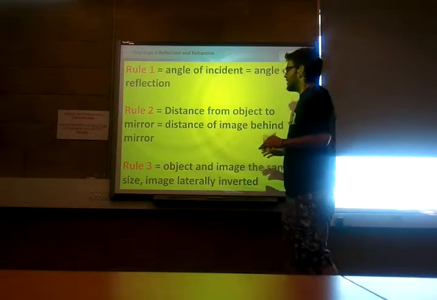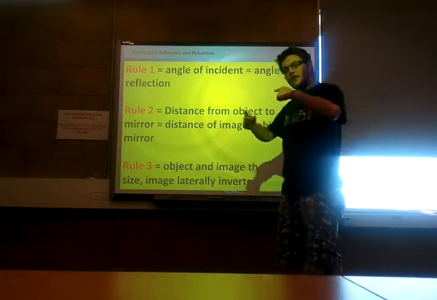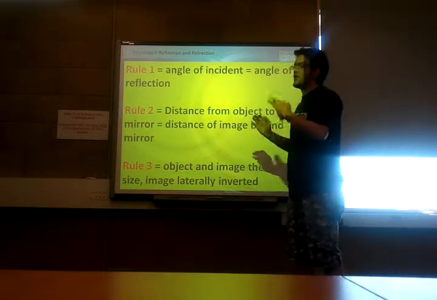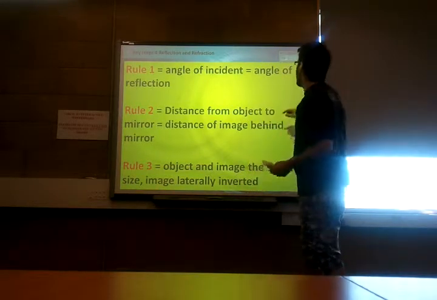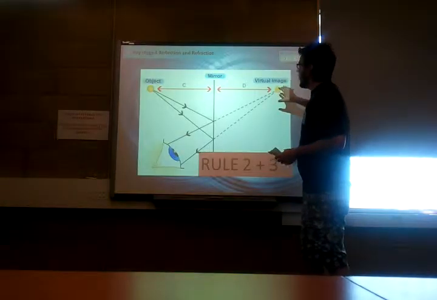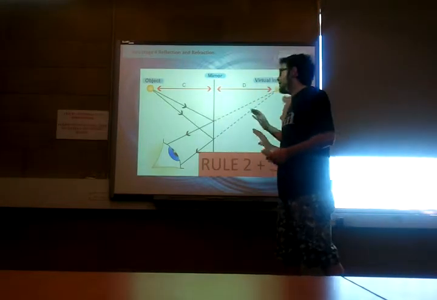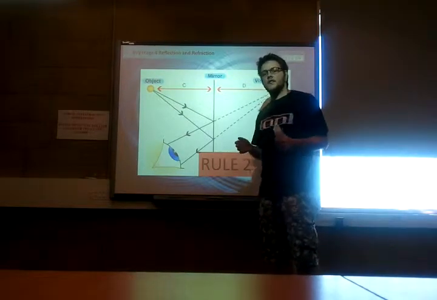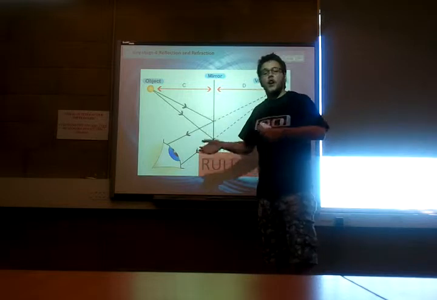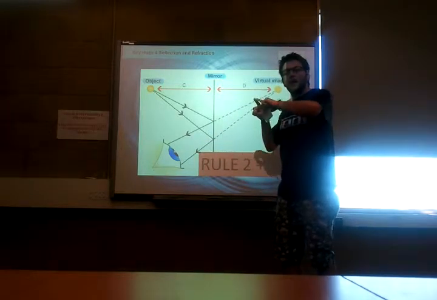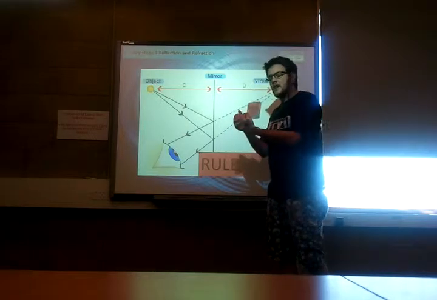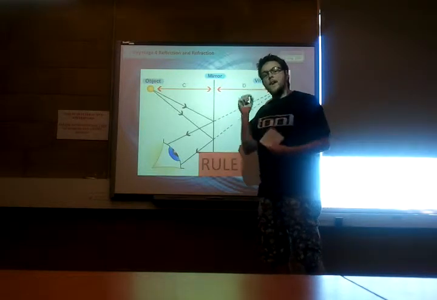The only difference is that the image is laterally inverted, so it's the wrong way round. Sorry, not upside down, it's the wrong way round. So when you look in the mirror, if we had something else that wasn't the sun, you would see that it'd be the wrong way round. That's why, if you're in a car and you look in the mirror and you see that the numbers are backwards, or if you've ever written something and held it up to a mirror and you see that the word is backwards, that is why.